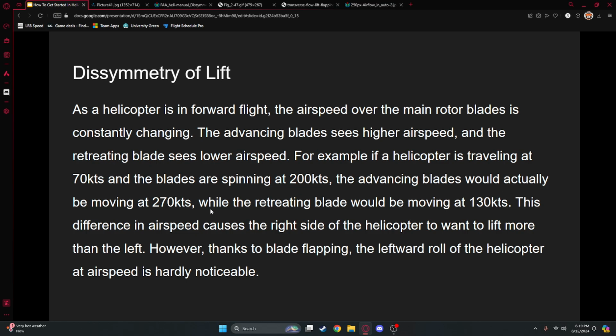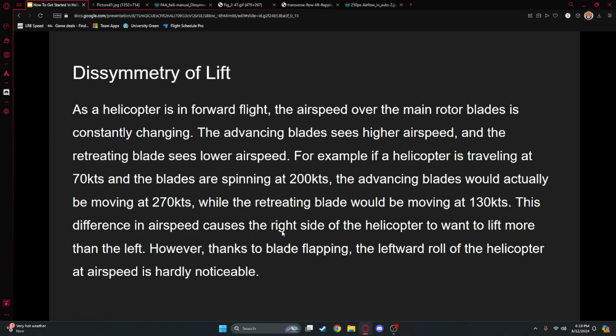With the retreating blade, we take our 200 knots, but because it's retreating, we've got minus 70. I might have butchered that a little bit, but it's still the same concept. It would be moving at 130 knots. That might not be accurate, but once again, it gets the point across.